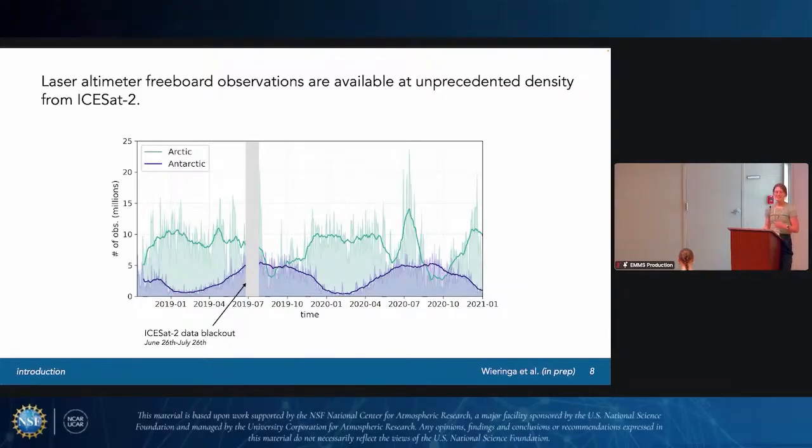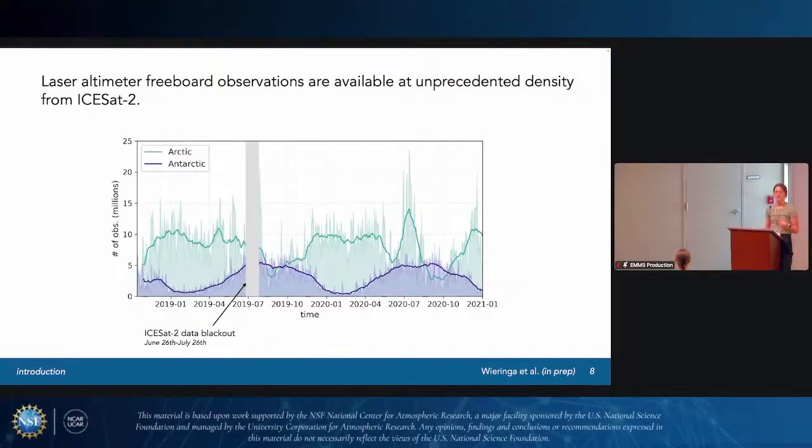This is, in fact, too many observations to assimilate directly into the model, given that at a nominal 1 degree resolution, you're talking about a model grid cell seeing anywhere between hundreds to thousands of individual observations, which tends to pollute the data assimilation analysis. But we can still make use of the majority of this information by aggregating it onto the model grid, which allows us to represent freeboard in each grid cell as a distribution.